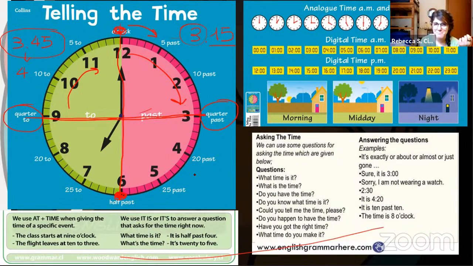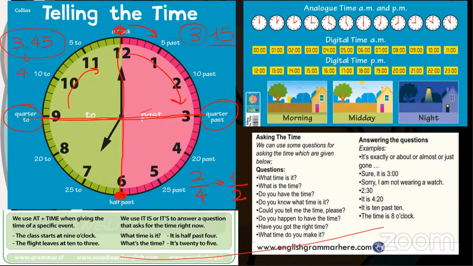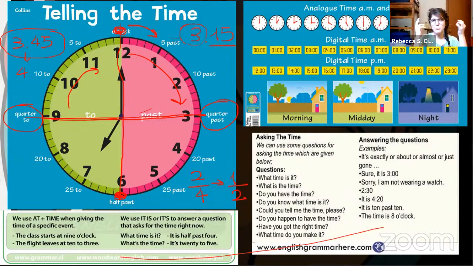Like in math, 2/4 is 1/2. It's easier to say half instead. You wouldn't say 2/4. You just say half because you can divide it in 2. The principle is the same, cutting in half is still the same principle as cutting into 4 parts. It makes sense as a concept, but you would just say half.